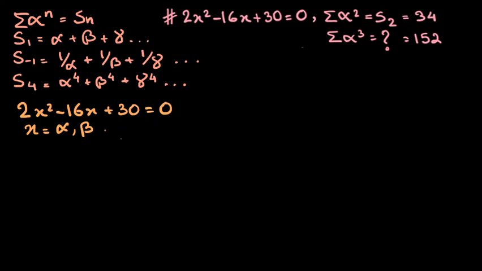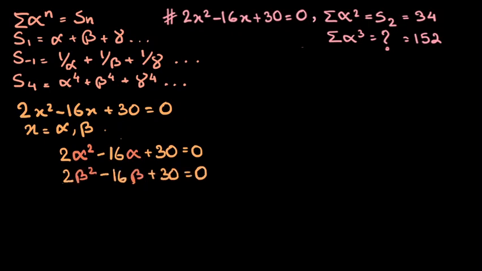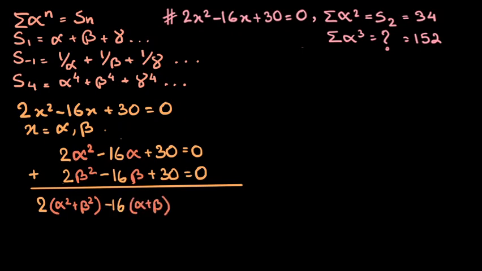So as x equals alpha, we will write twice alpha square minus 16 alpha plus 30 equals 0. And similarly for beta, we get twice beta square minus 16 beta plus 30 equals 0. Now let us add the two and we get twice alpha square plus beta square minus 16 times alpha plus beta plus twice 30 equals 0.